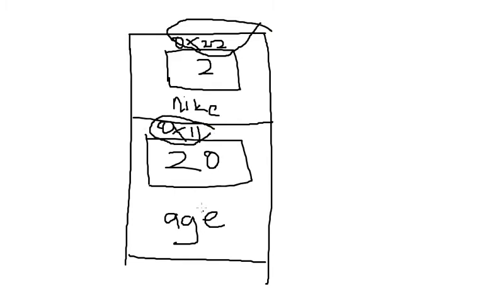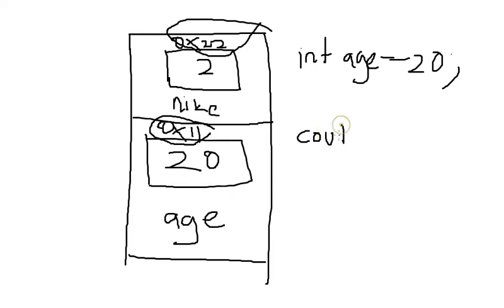If you give this example, for example, you draw integer h where this h contains 20, and you want to know the address of this, you can print it out using cout, and then you use this symbol and h.